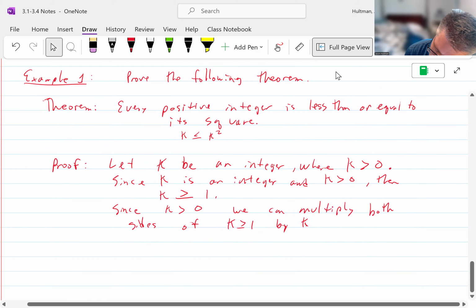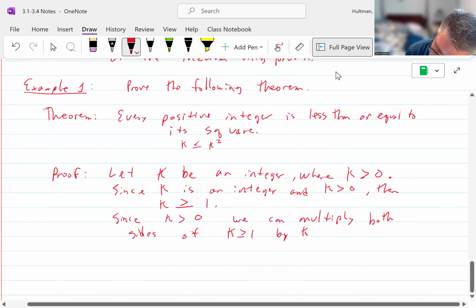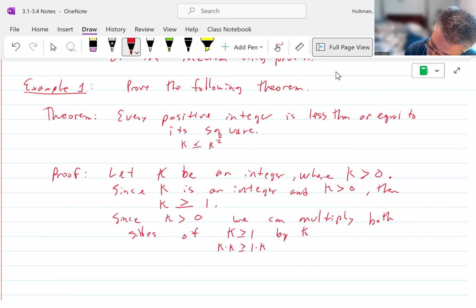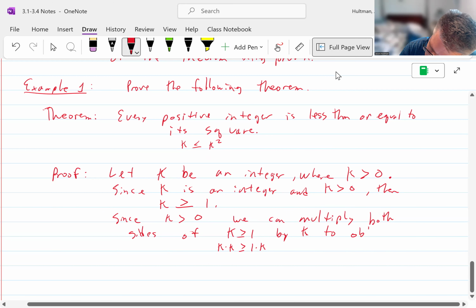If I multiply both sides of the inequality by k, I get k times k is greater than or equal to 1 times k, to obtain this guy here.